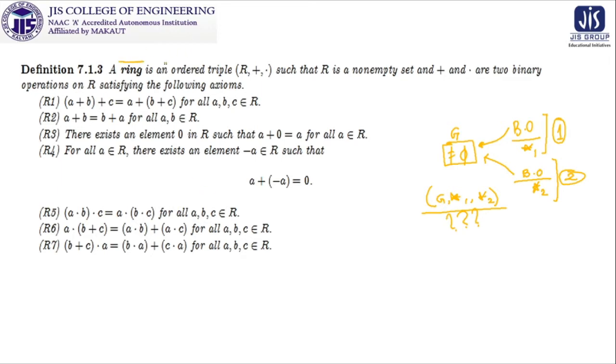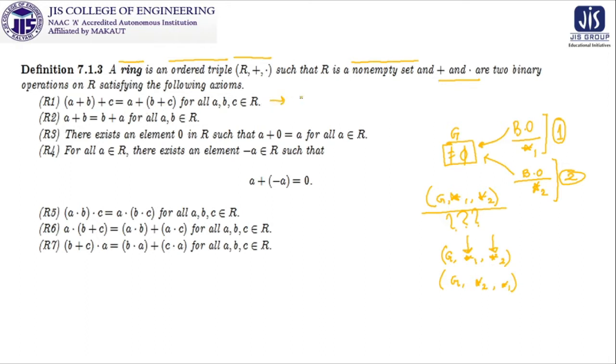So a ring is an ordered triple (R, plus, dot). That means G, star 1, star 2: it is not in our hand to write it as G, star 2, star 1. No. First operation will be at first position, second operation at second position, and R has to be a non-empty set, and plus and dot are two binary operations such that (a+b)+c = a+(b+c).